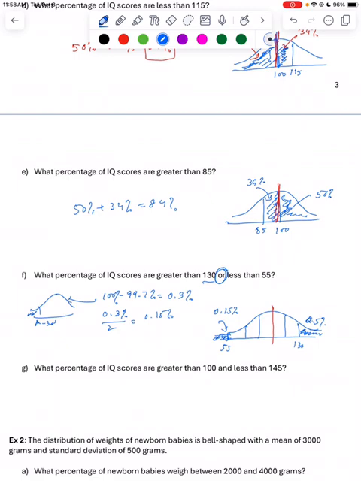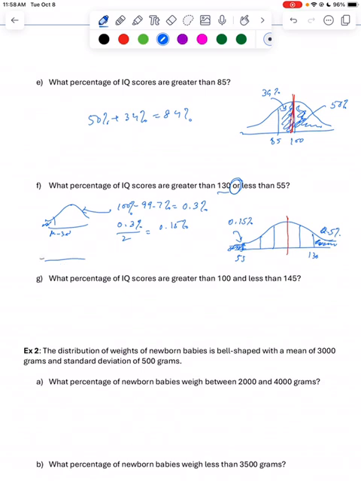Now you are at 130, which is mu plus 2 sigma. So this area is going to be 100 minus 95, which is 5, and then divide 5 by 2, so 2.5. So this area is 2.5%. So our final answer will be 0.15% plus 2.5%, which is 2.55%.